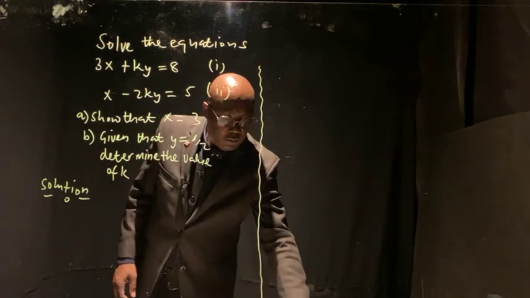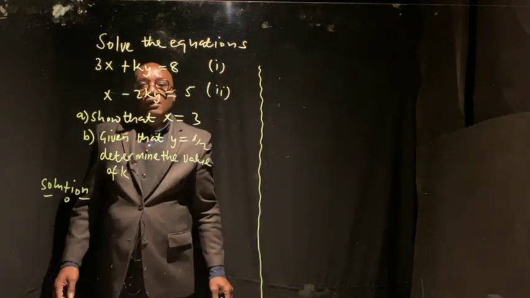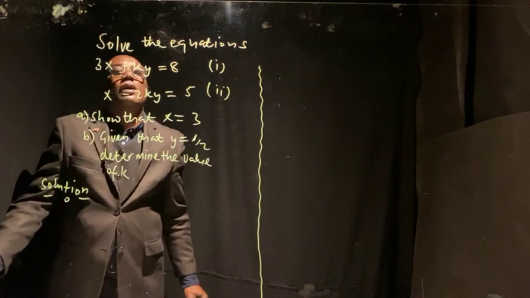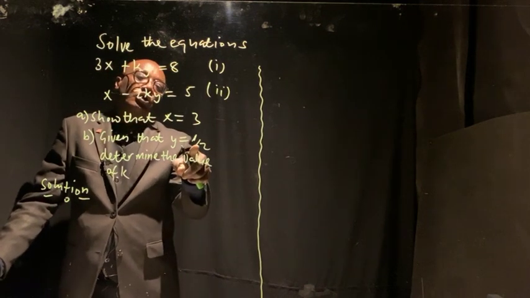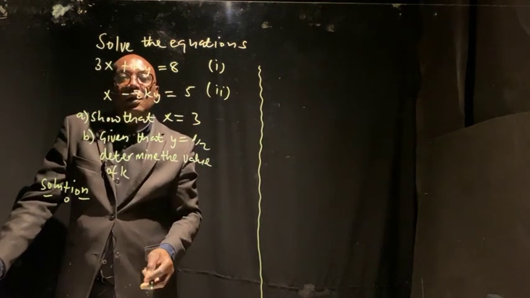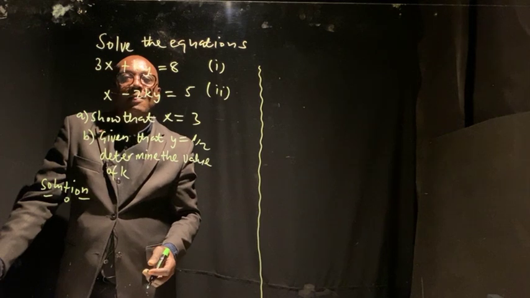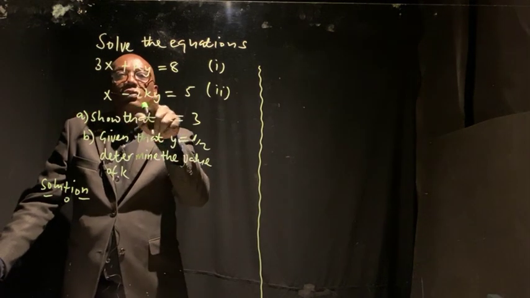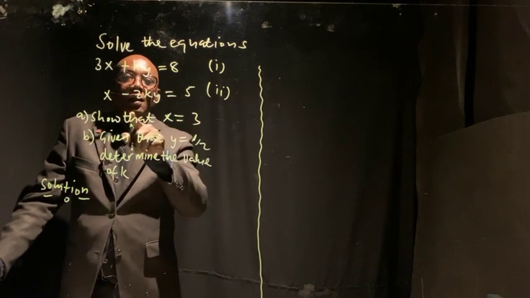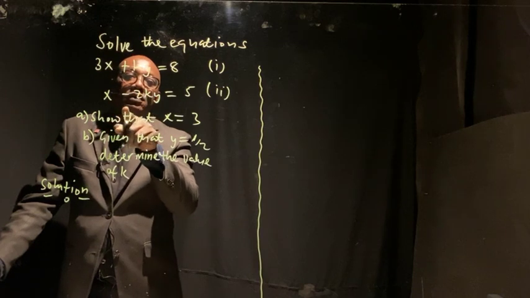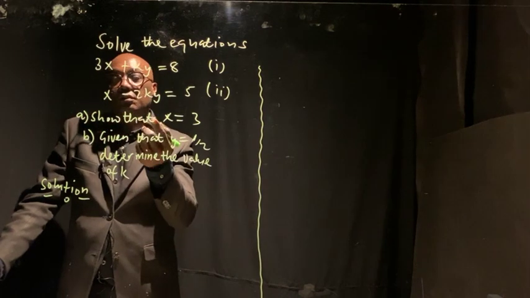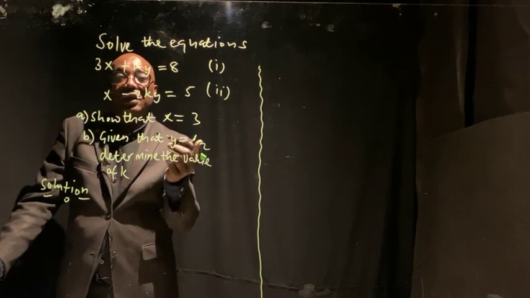Before we move on, we shouldn't forget that we've been told that y equals half. In that case, we can pick up this equation or that equation, while we know that x equals 3. So probably let us pick up equation 2.